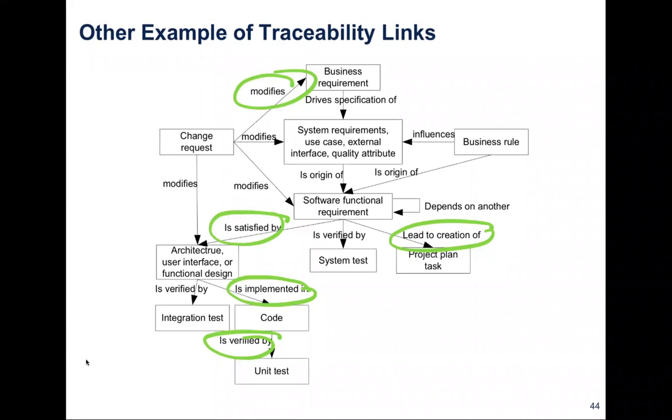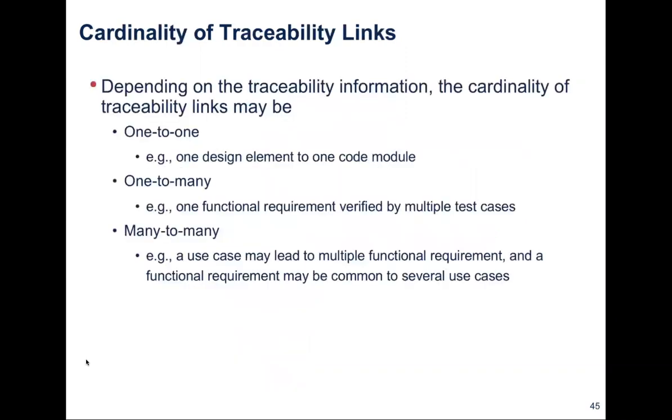So do we have cardinality for those traceability links? As a matter of fact, we could add key terms on each link between the requirements, and we also could add cardinality on the traceability links. The cardinality depends on the traceability information, but it could be one of three types. It could be one-to-one, which means one design element to one code module, as an example, or requirement one and requirement two, just one-to-one.